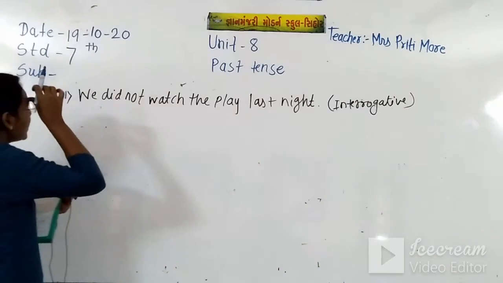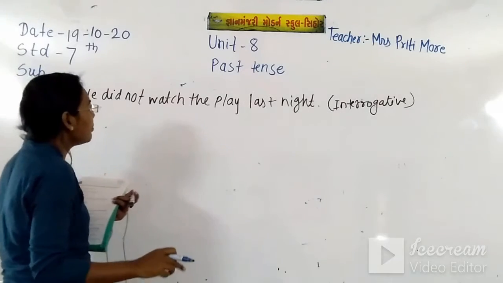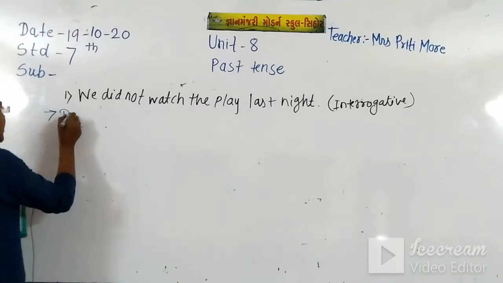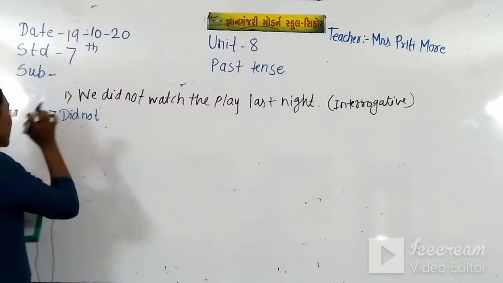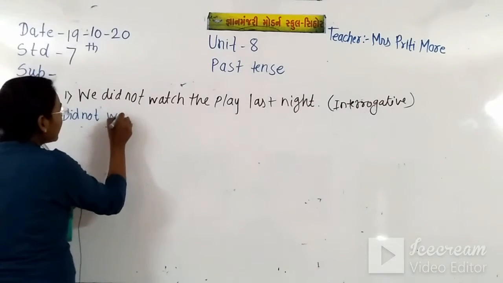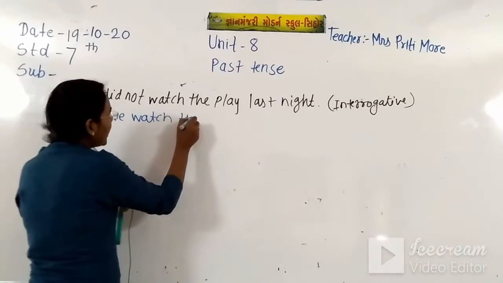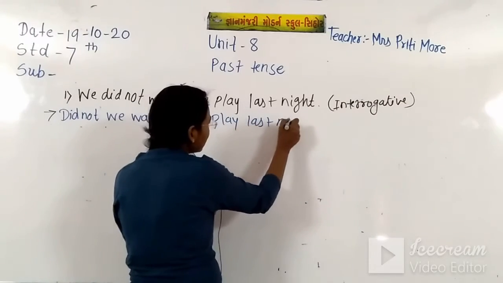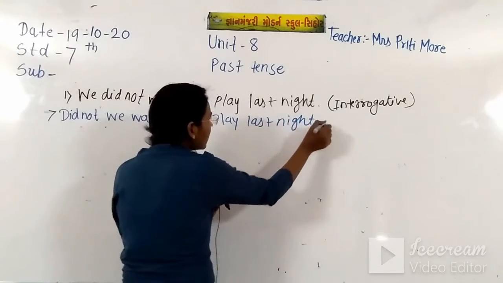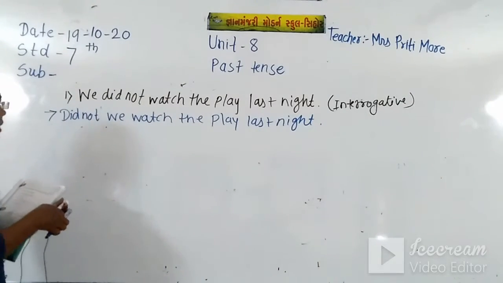So what will be the answer? We did not watch the play last night. Didn't we watch the play last night? So the answer is, didn't we watch the play last night?